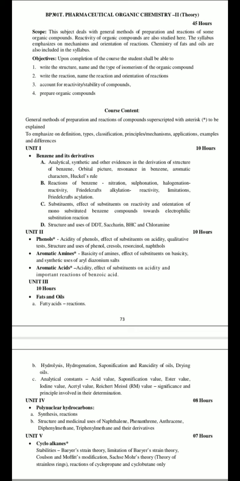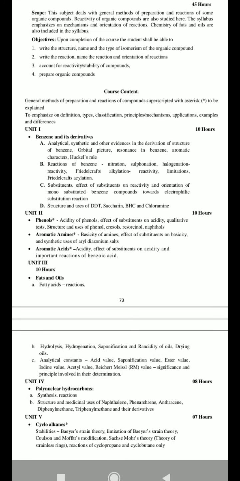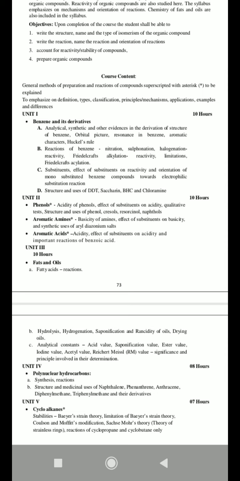Okay. Then unit first is for 10 hours. In those 10 hours you should understand benzene and its derivatives. Benzene is a very basic organic compound, that aromatic compound you should understand in detail afterwards.